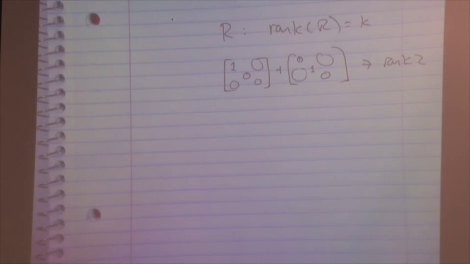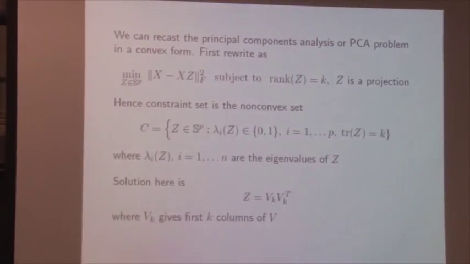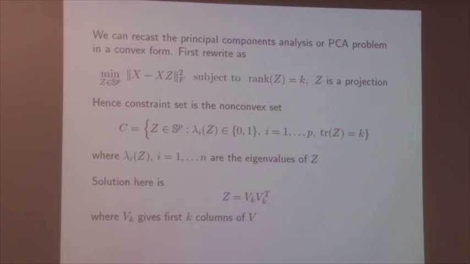So let's make this a convex problem. And we can actually do this, right? Which is pretty cool. So the first thing we're going to do is rephrase this as a projection. There are some good properties of projection matrices. If they're out the window, don't stress. We're going to be okay still.